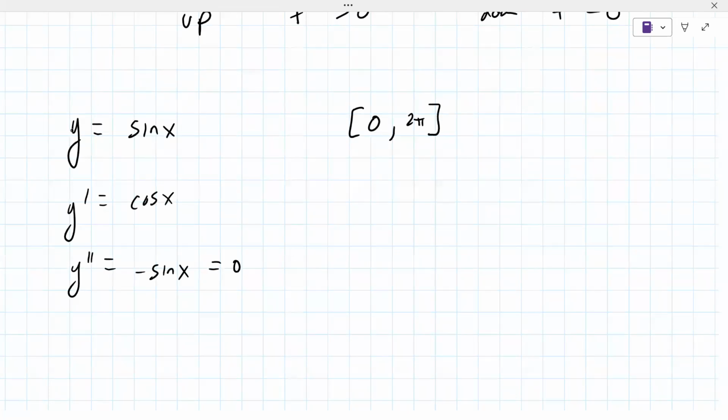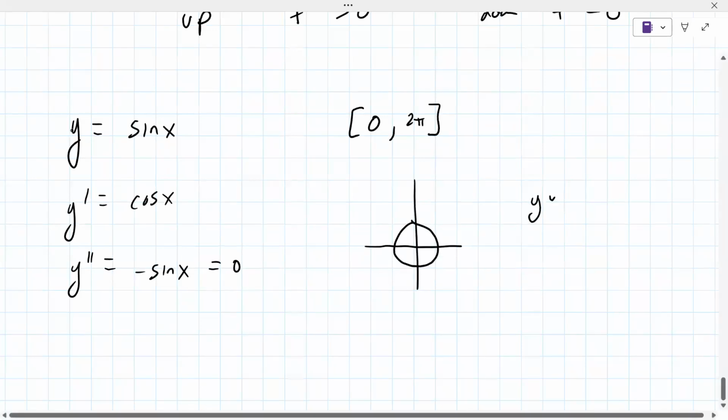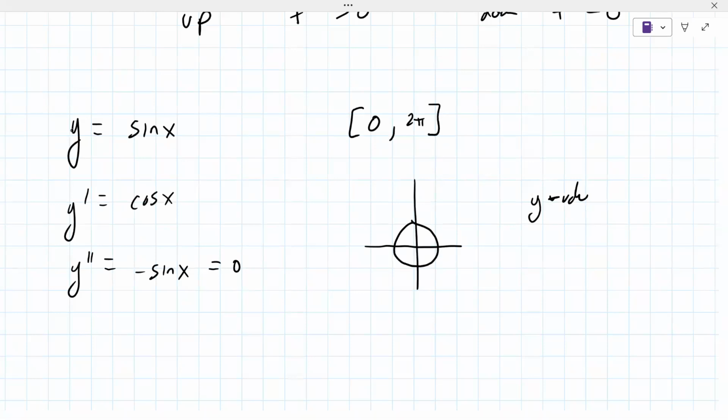Do you remember where that's equal to 0 on the unit circle? Sine is the y value. So whenever x equals 1, or whenever x equals 1. Is that what you're asking? Sine is the y value. So when x equals 1, right?